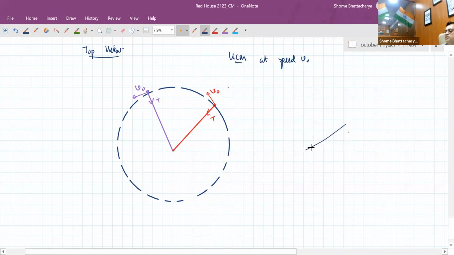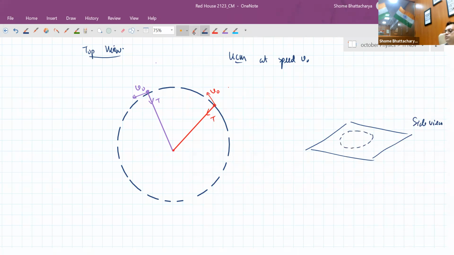Once again, if you look at the side view instead of the top view, you'll be able to see the other forces which are also acting. As the particle is going around in this circular path, at some point of time, when it's, let's say, here, the velocity vector is perpendicular to r, and now the forces acting on it are mg and normal reaction, which are vertical forces, whereas tension is the force which is horizontal and acting towards the center.